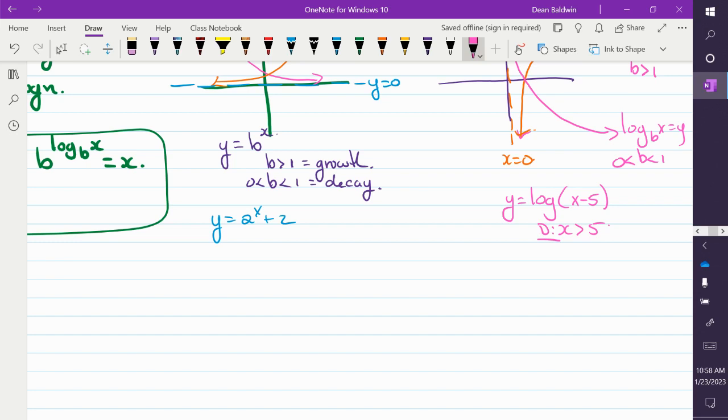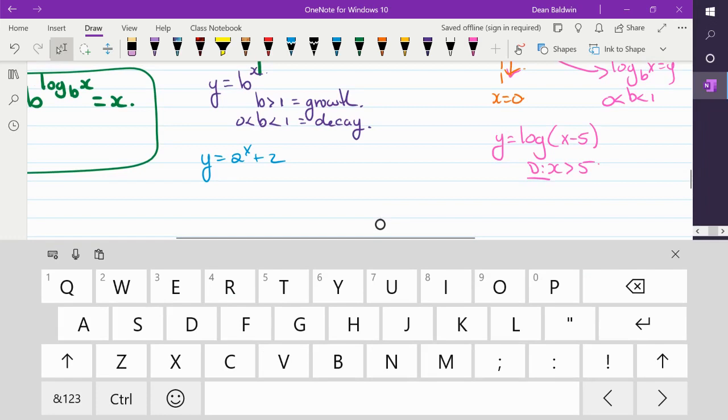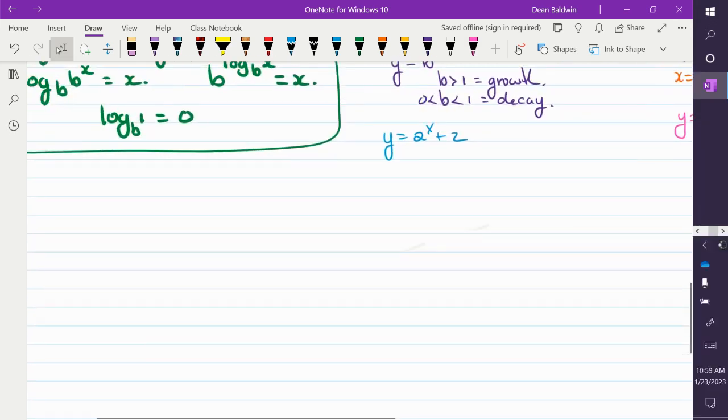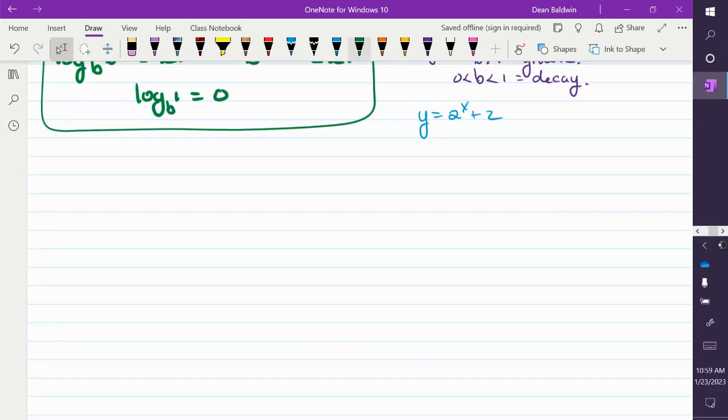All right. So what I'm really going to ask you with logs is simplifying things and solving log equations. So let's do some practice with that.